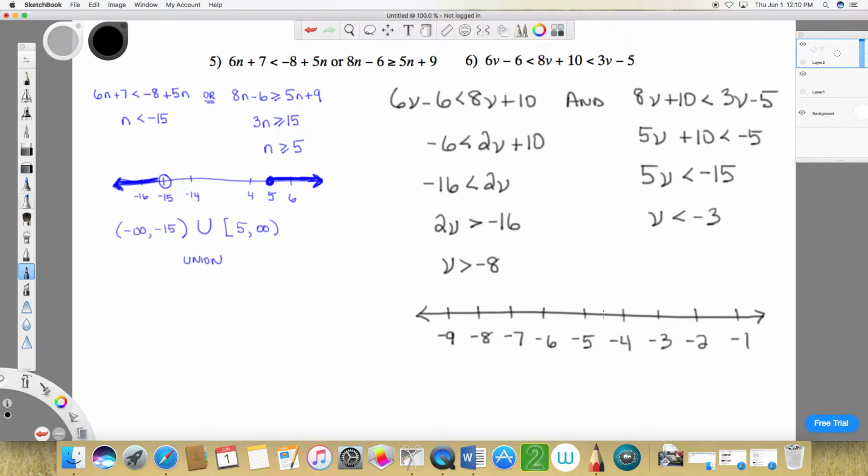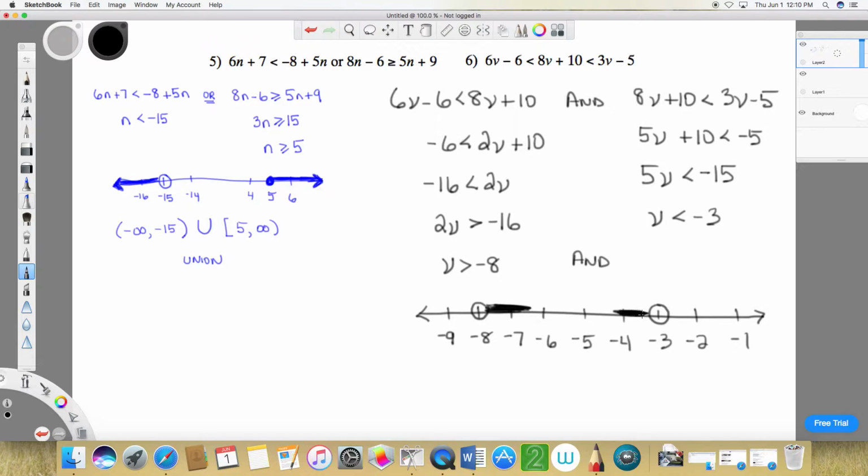All right, so I want to be greater than -8. Well, that means that -8 is not included in my solution set, and greater than -8 means all values to the right of -8. But at the same time, simultaneously, I want to be less than -3.